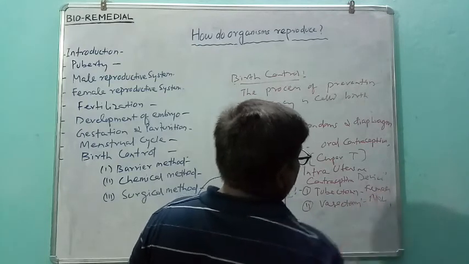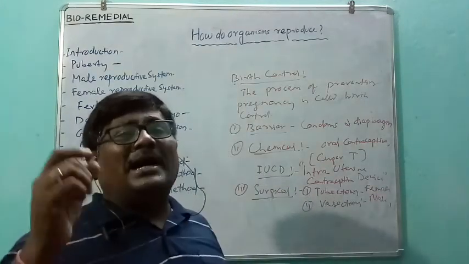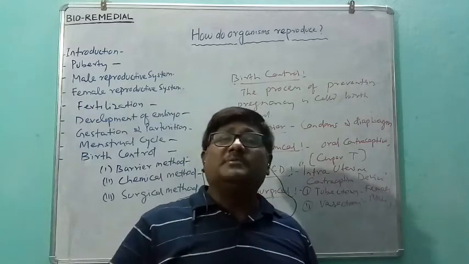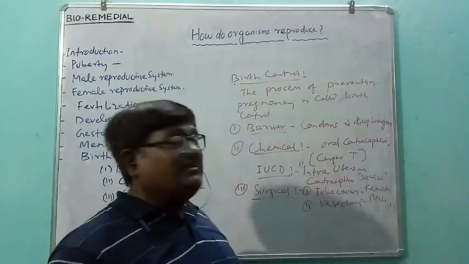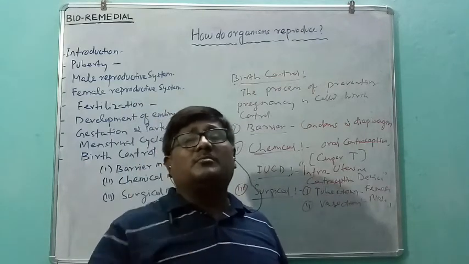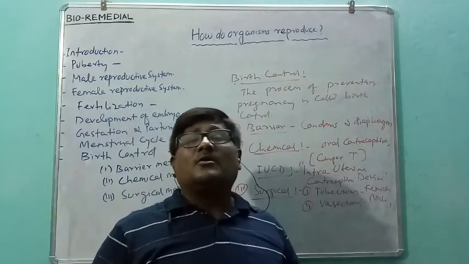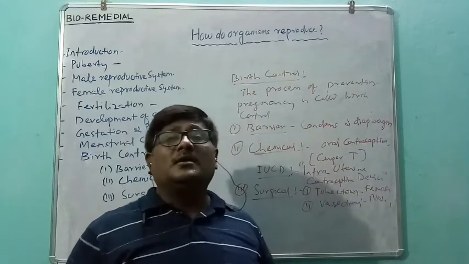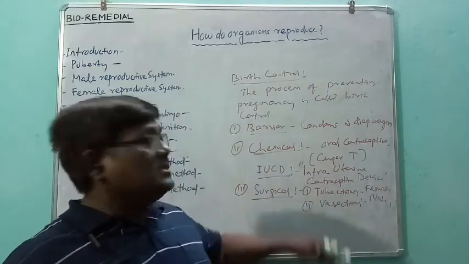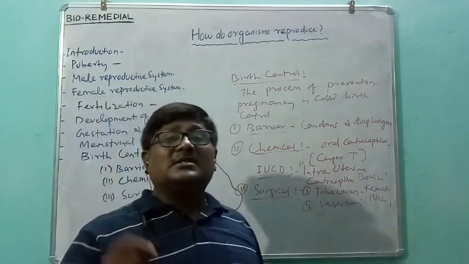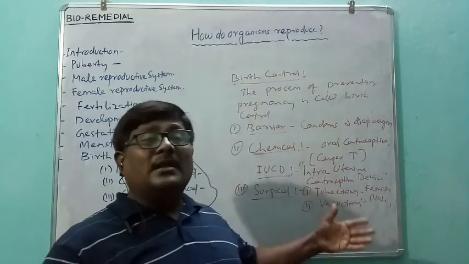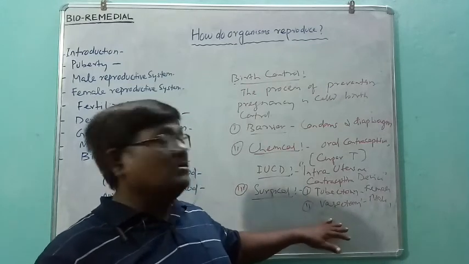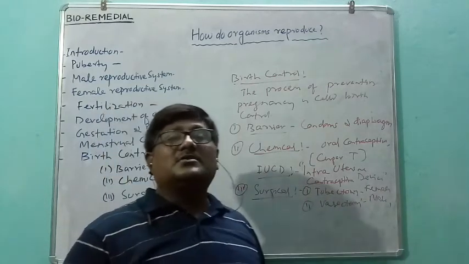What happens in tubectomy? A part of the fallopian tube is blocked in the female, so that there will be no meeting of sperms and ovum. By vasectomy, the sperm duct is blocked, so that sperms cannot come out to meet the egg. So this is a surgical process in which a part is blocked, done in males as well as females. In males it is called vasectomy, in females it is called tubectomy.